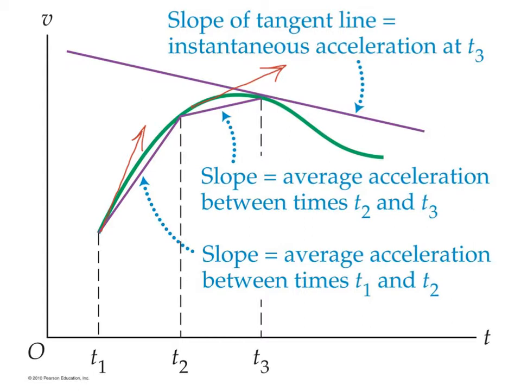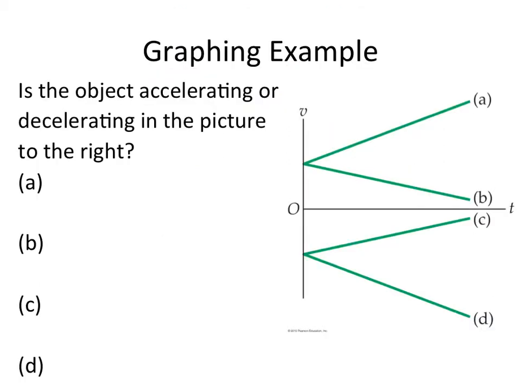We're actually not going to deal with that. In the same way, we don't need to worry about tangent lines if we have a constant acceleration, because like I said before, the secant line and the tangent line are the same thing. So the good news is that we're going to be dealing with constant acceleration.